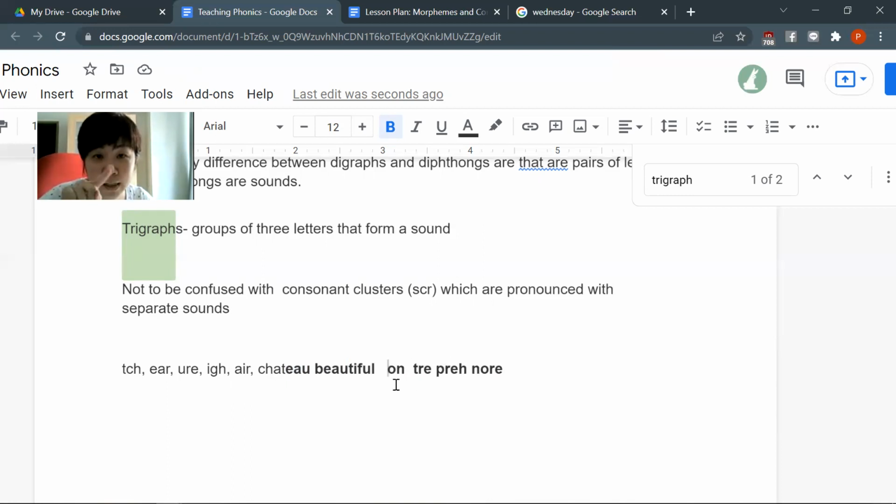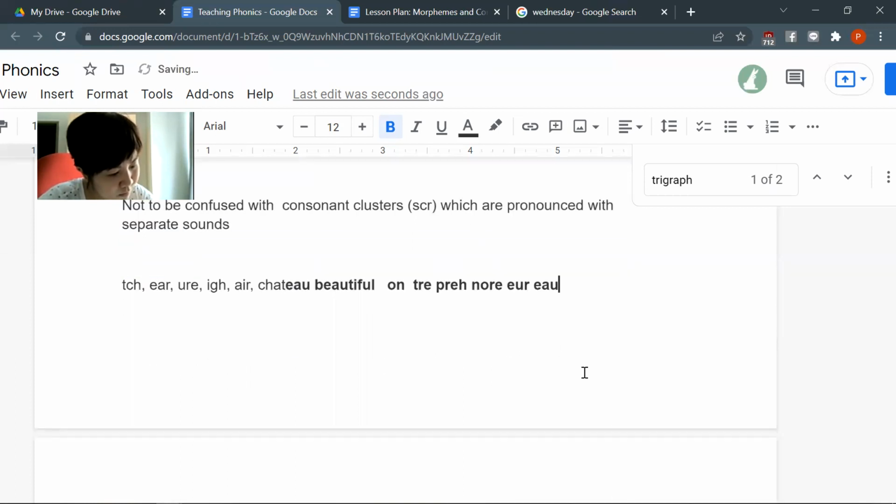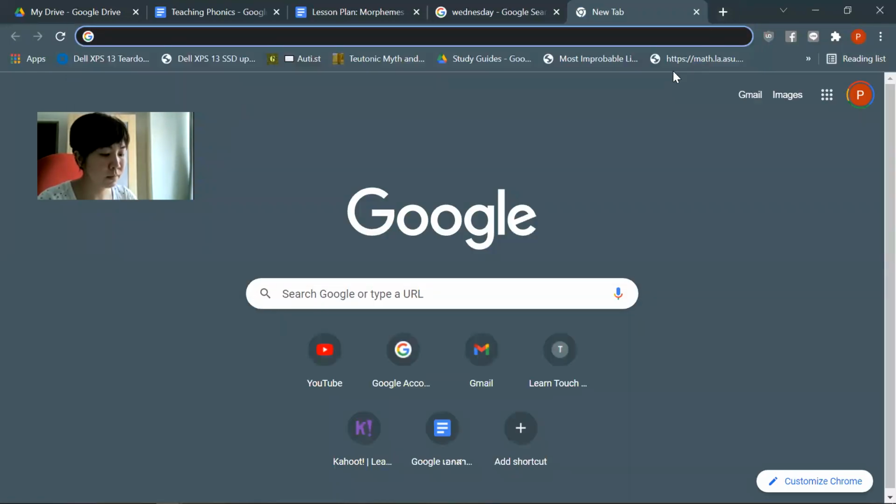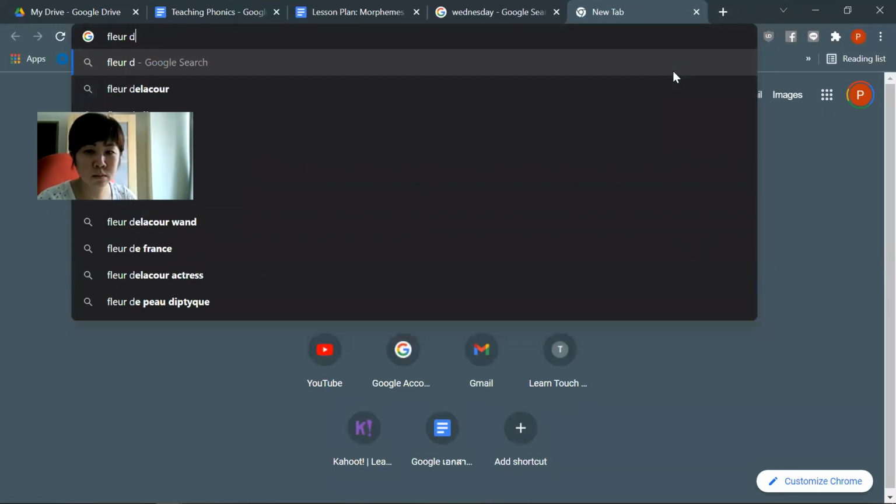If it has EAU or EUR, it's always from French. Like something called the fleur-de-lis. Fleur-de-lis is a shape that's popular.